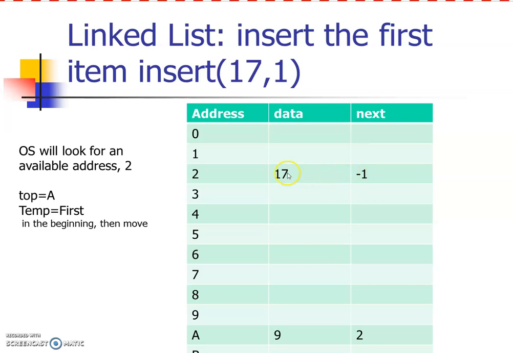So it will store the value of 17 here. But the question is, how do we link the two things together? Because we are looking at a list problem. The very first item of the list is 9.